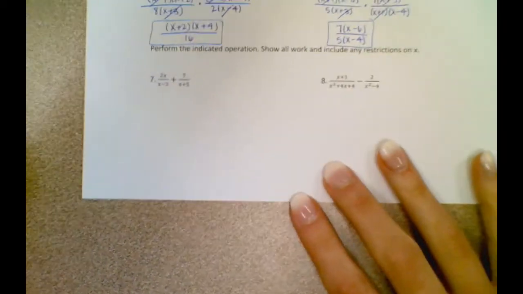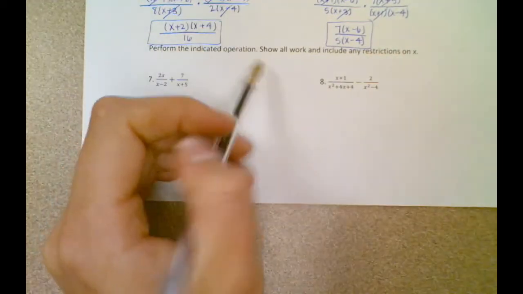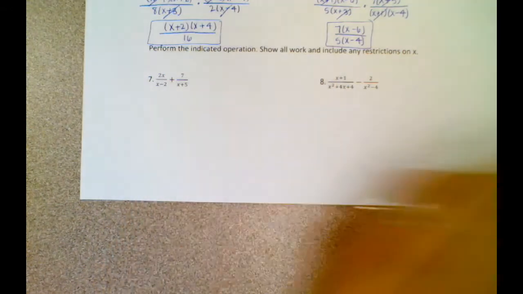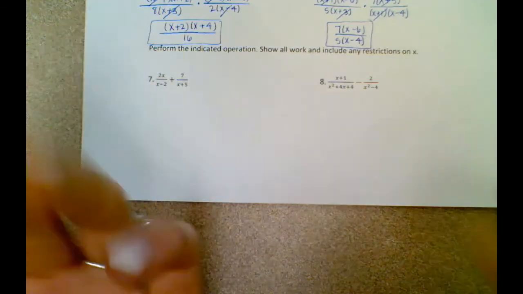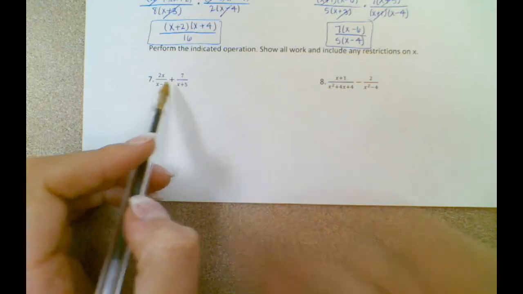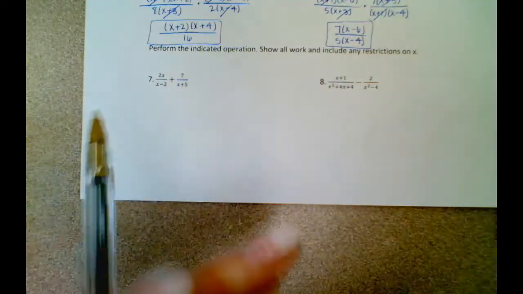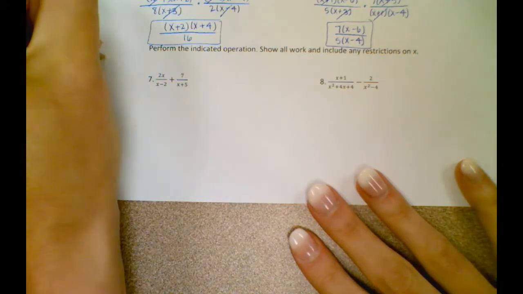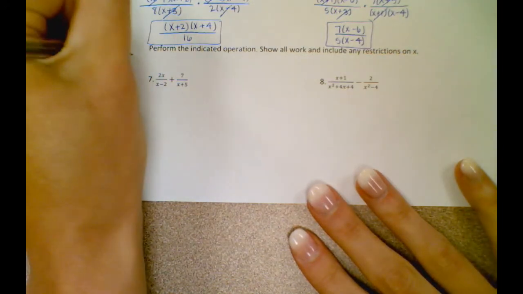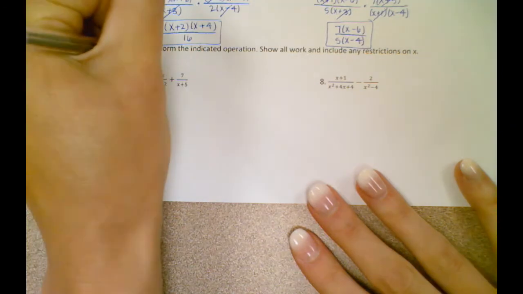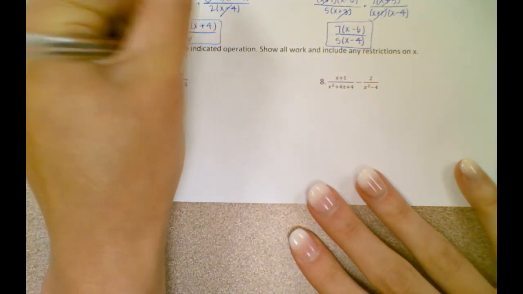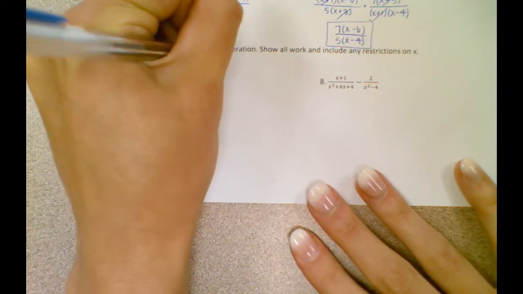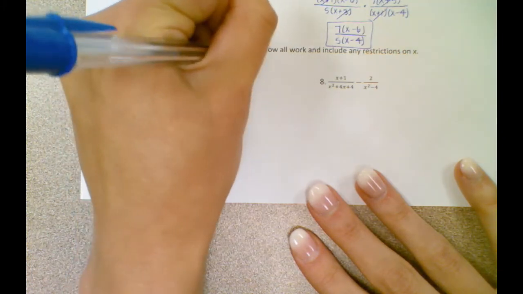Okay, now we are going to perform the indicated operation and show our work and include any restrictions on x. So we're actually doing what we did above, except this is addition now. Remember, with addition, you have to have common denominators. So addition and subtraction, you need common denominators.